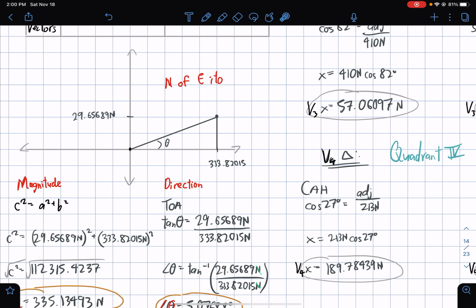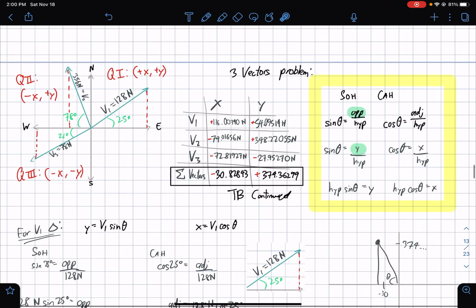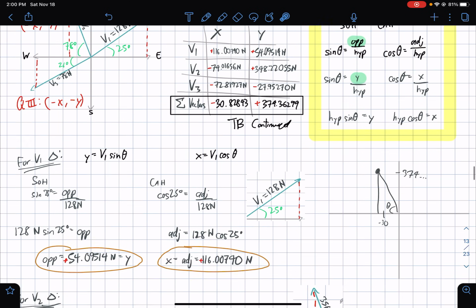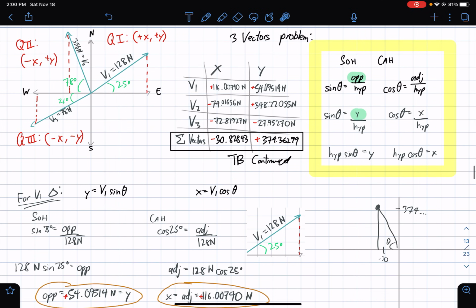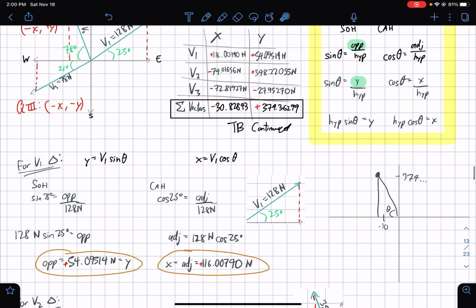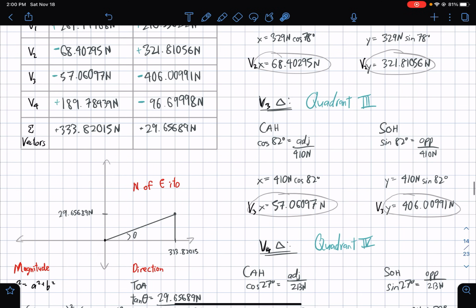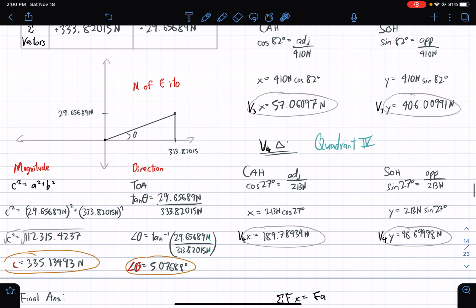Magnitude is the hypotenuse. That's what I've been missing. Here, we don't know the magnitude. We have to look for it. I'm not sure why I didn't write it back then, but also use TOA. You already know the x and y, the opposite and adjacent. So look for C in the Pythagorean theorem. So here I did it. Magnitude is this one.